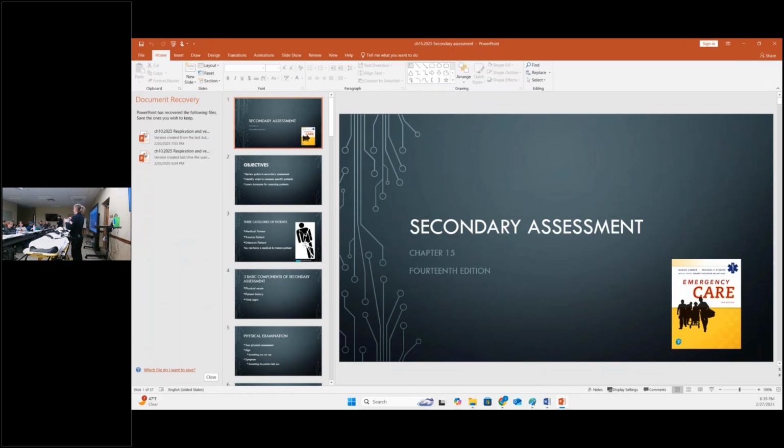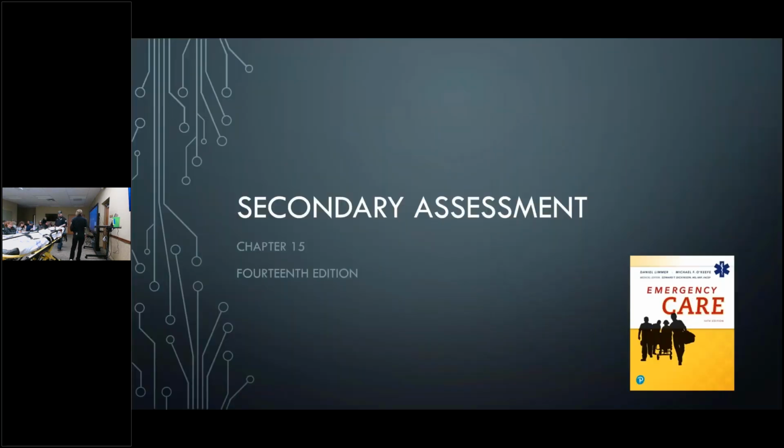We found out earlier that they don't say advanced right here. The ones we handed you should be good, but yeah, the trauma and medical assessments. Just waiting for one.